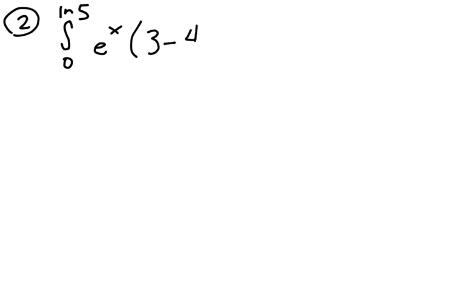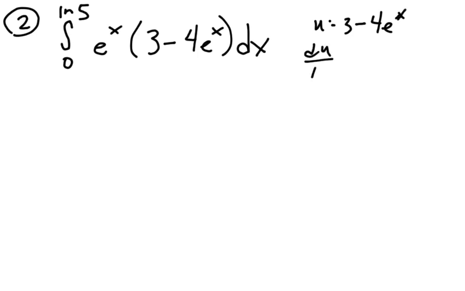Alright. Here's example 2. The integral from 0 to the natural log of 5 of e to the x times the quantity 3 minus 4 e to the x dx. So, the u for this problem you might be able to identify as the quantity inside of the parentheses, which is 3 minus 4 e to the x.